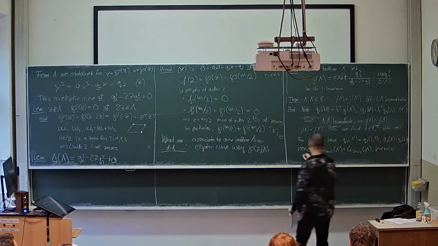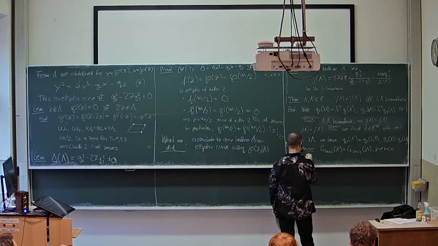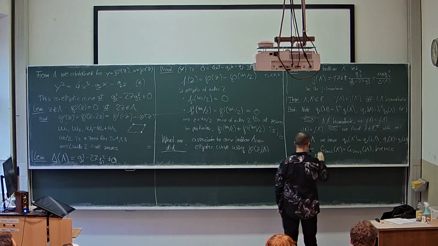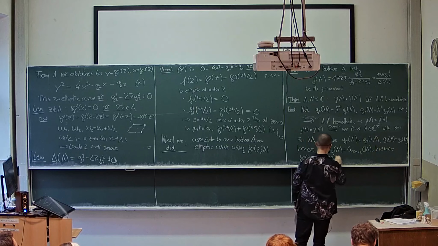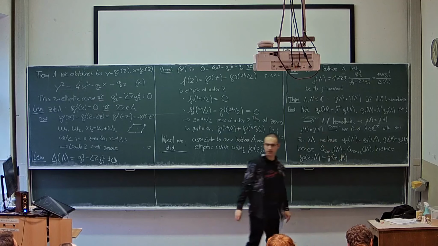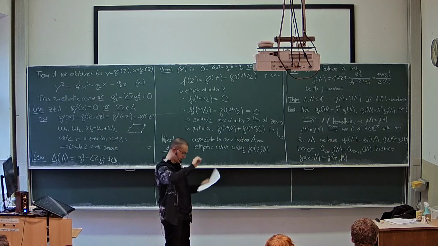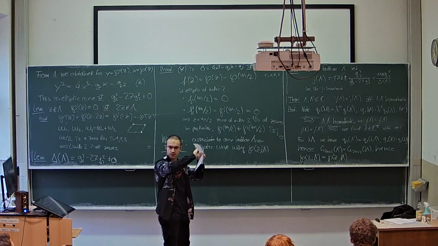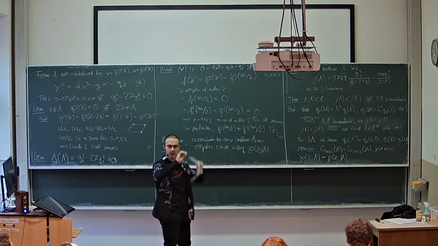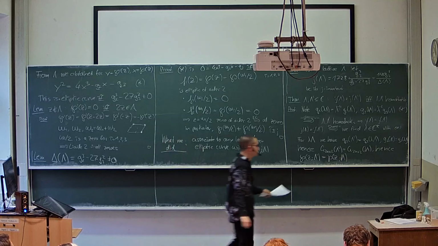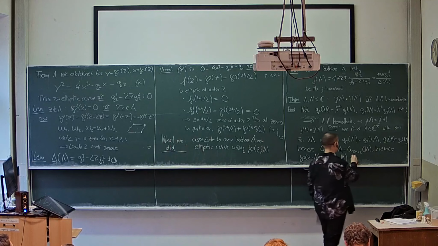Hence the Weierstrass P functions of these two lattices have to agree in the neighborhood of the origin, because that's what the Laurent series gives us. Then by the ellipticity of these functions, by translating around the values, we conclude that these two have to agree everywhere.